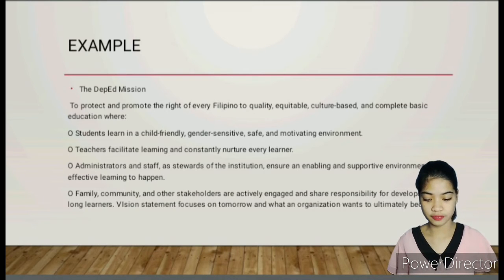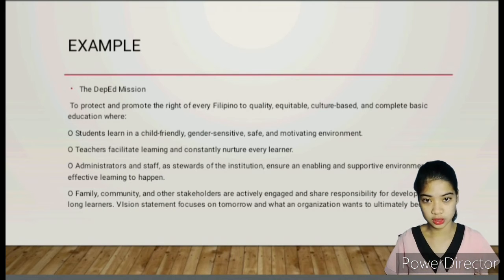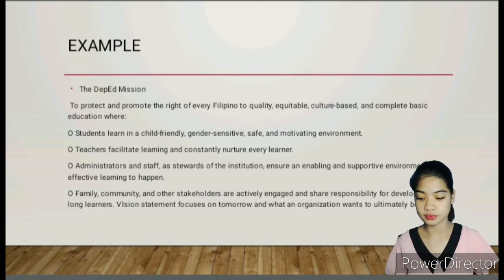As you can observe, it focuses on tomorrow, or on the ultimate goal of the institution. So that is the vision.